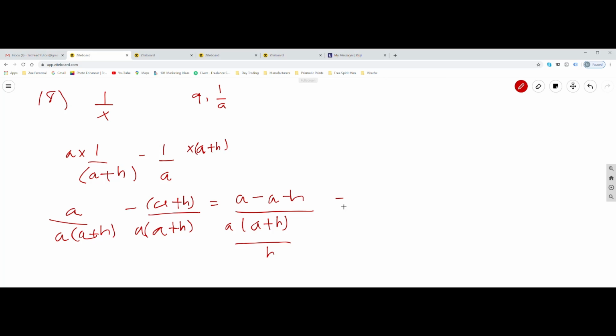So you're left with negative h over a times a plus h, times 1 over h, which cancels. So you have negative 1 over a times a plus h. If we substitute h as 0, we are left with negative 1 over a squared.